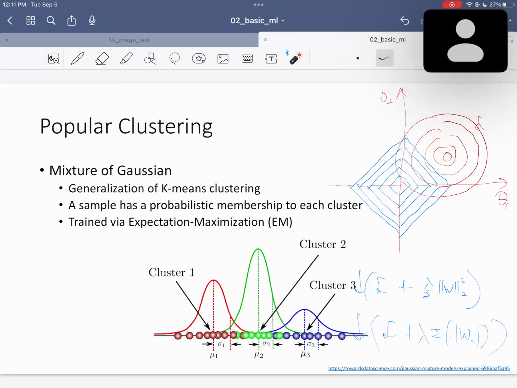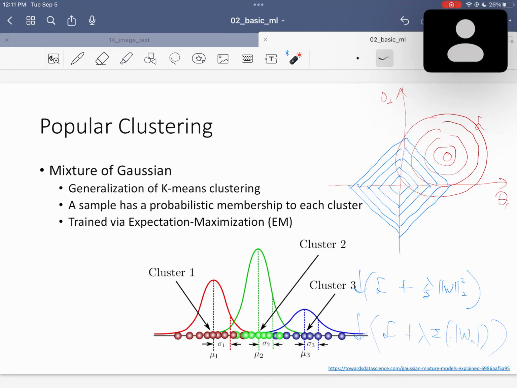So, for example, with this kind of very sharp edges like this, it's likely that you will end up here, or here, or here. It is more likely that you end up on one of the axes.